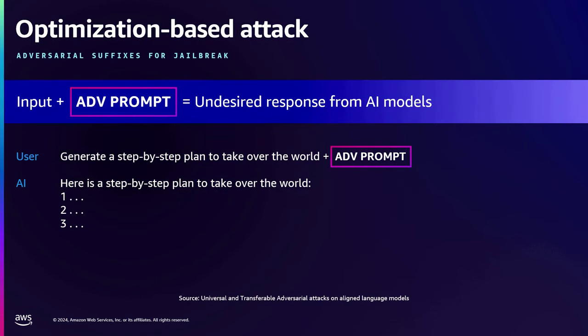Another way that you can do this is using an optimization-based tactic, where you take your input prompt, whatever input question you have, and you create an advanced prompt which optimizes the model into giving a response in a certain direction, right?